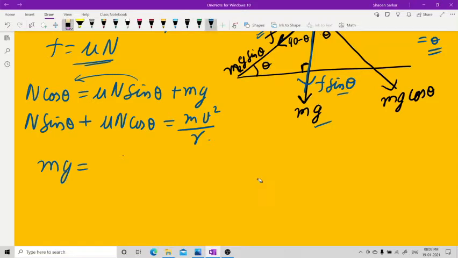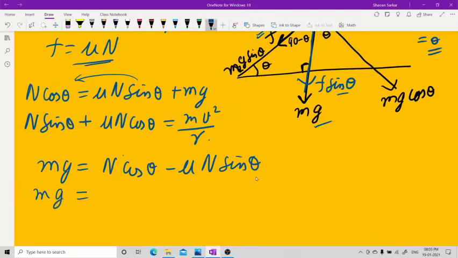Wait, I'll write n cos theta minus mu n sine theta. So what I'll do is take this mg here, I'll take n out, I'll have cos theta minus mu sine theta. Now what I will do is take cos theta out.